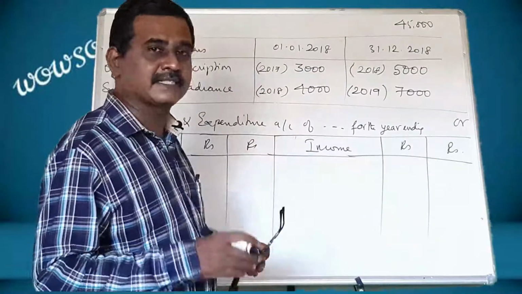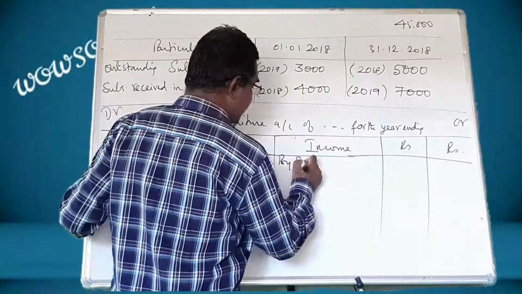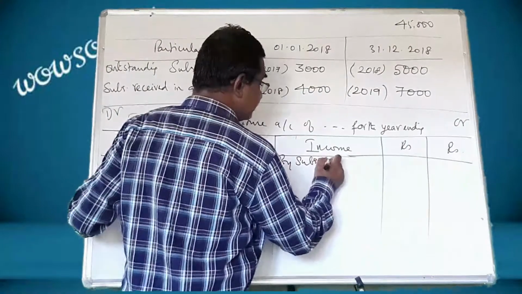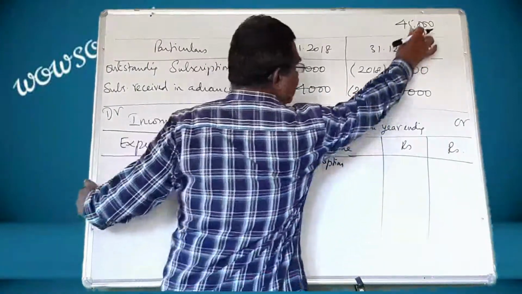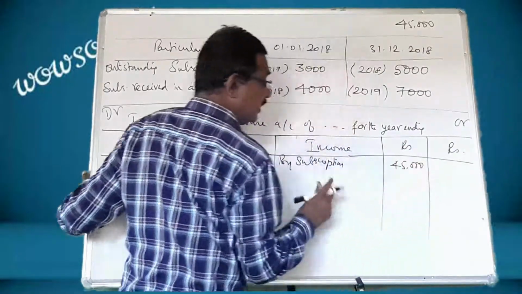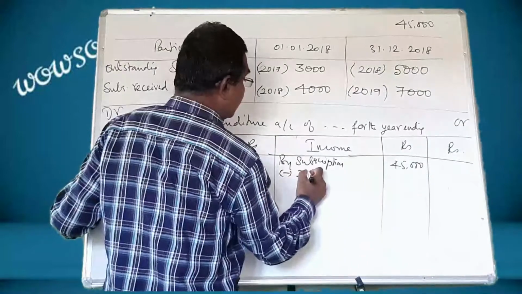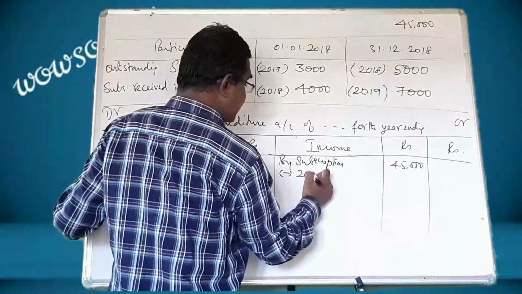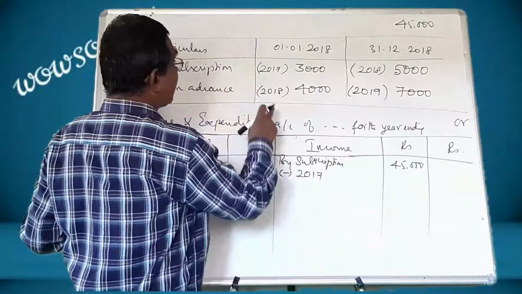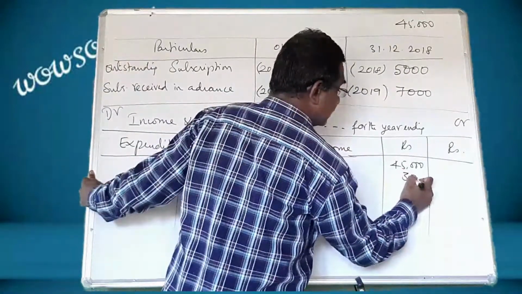First, let us subtract the amounts. Subscription: how much is collected? 45,000. I have told you that the previous year's amount, meant for 2017, should be subtracted. That is to be collected, 3,000, subtracted.